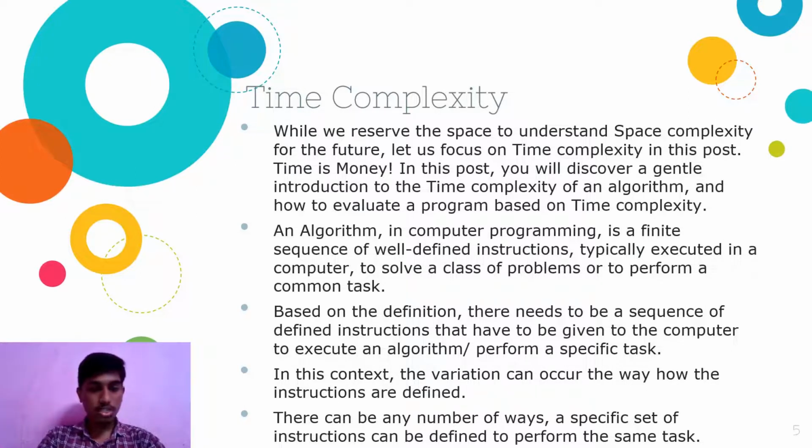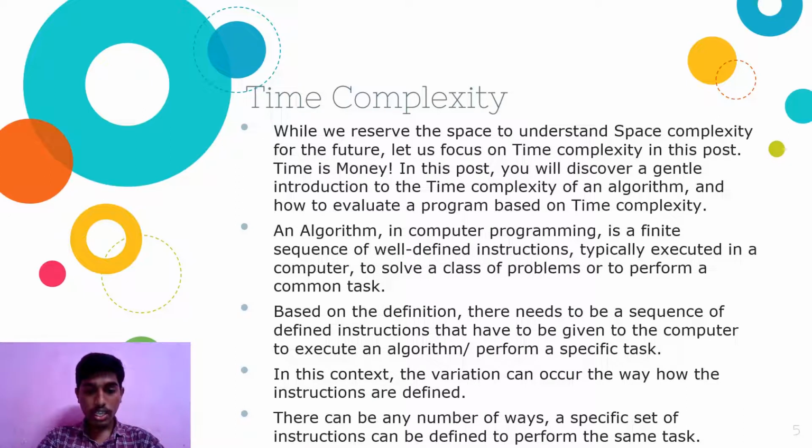Based on the definition, there needs to be a sequence of defined instructions that have to be given to the computer to execute an algorithm or perform a specific task. In this context, variation can occur in the way the instructions are defined.